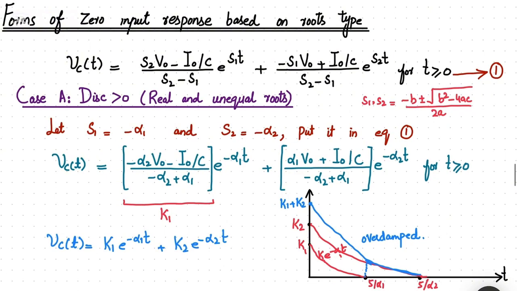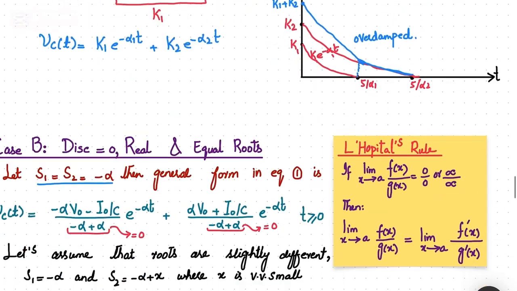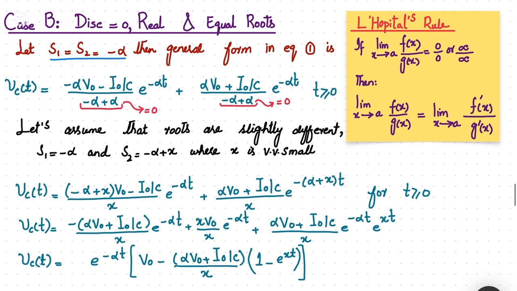This is the general solution of the zero input response of the series RLC circuit. So when we insert these values of s1 and s2 in equation 1, our result is this equation. If we focus on this equation, because the denominator was s2 minus s1, and when the two roots are equal, the denominator reduces to 0.